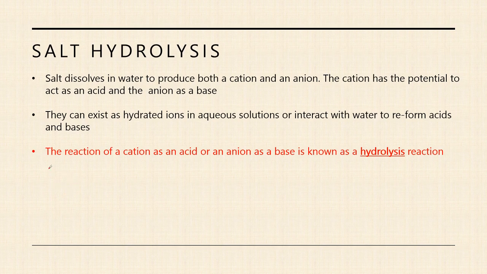So let's say we start with an example of sodium chloride. सोडियम क्लोराइड को जब पानी में ऐड करते हो, you get Na+ ion and Cl- ion. ठीक है, अब Na+ आयन और Cl- आयन जो प्रोड्यूस हुए हैं वाटर में, ये वाटर में तो खाली बैठे नहीं रहेंगे.